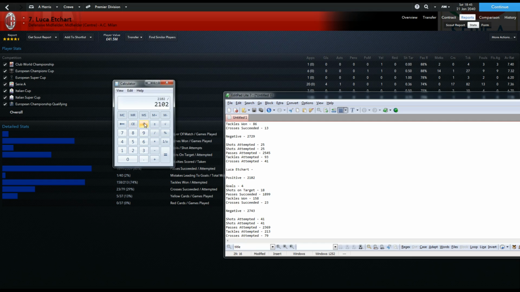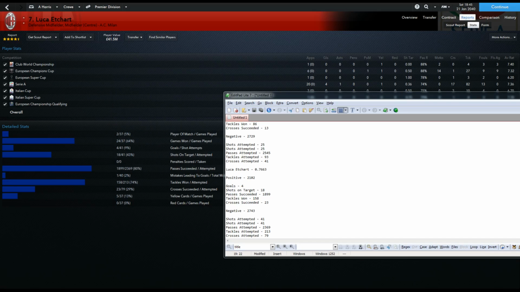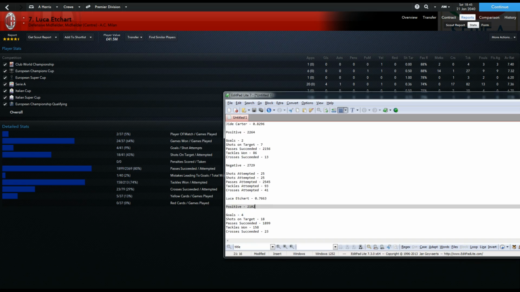So we take the positive number divided by the negative number, 0.766. 3, just to keep it to the same amount of decimal points. So, according to this, the player I have is a better player than this guy.